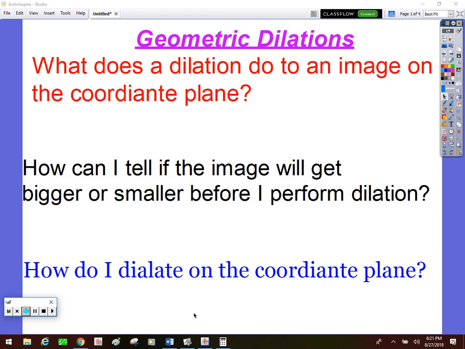We're going to talk about our last geometric transformation, and today that's going to be a dilation. Remember, so far we've talked about translations, which are slides, rotations, which are turns of an object, and reflections, which is flipping an object across a line of reflection.